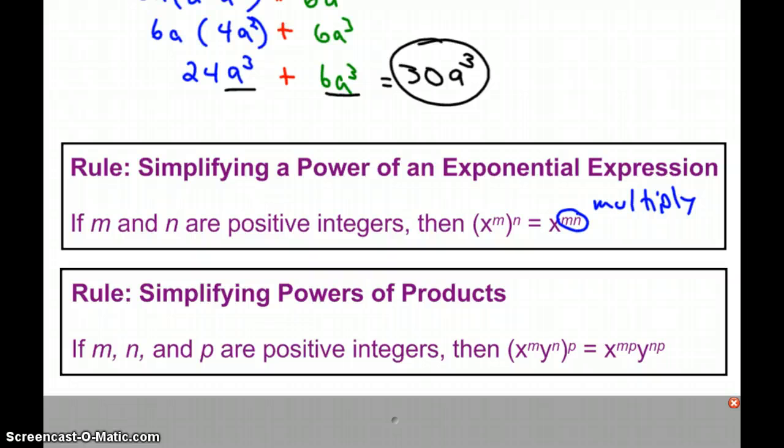And when we have a product raised to a power, if m, n, and p are positive integers, if I have multiple bases raised to the same exponent, we can distribute that in to each base: x to the m times p power, and y to the n times p power.